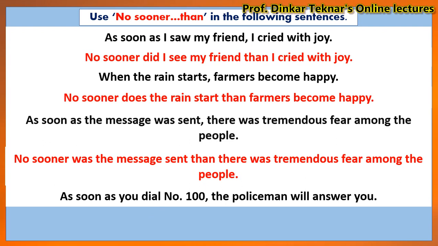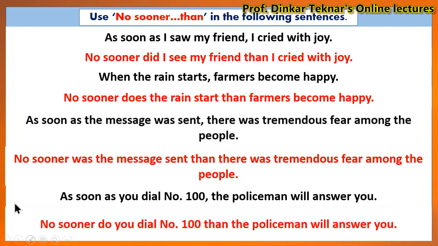An answer of this sentence is, no sooner do you dial number 100 than the policeman will answer you. Here we have used do as an auxiliary verb and the main verb dial remains unchanged.